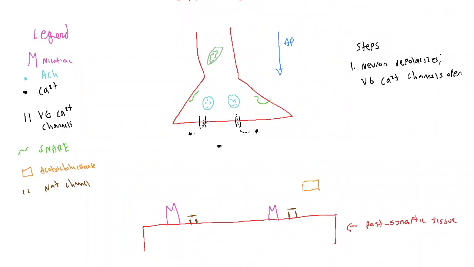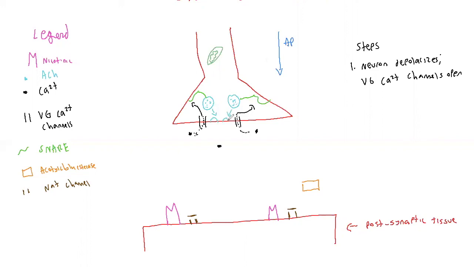And calcium is going to bind to these SNARE proteins and activate them. When these SNARE proteins are activated, they're going to latch on to the vesicles, and they're going to help them fuse with the membrane, like so.